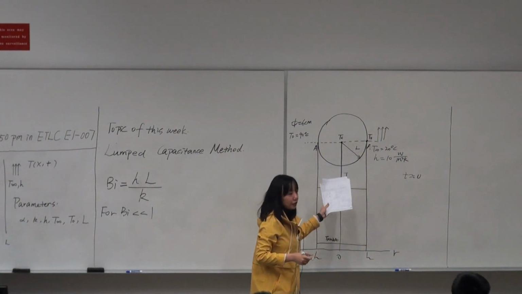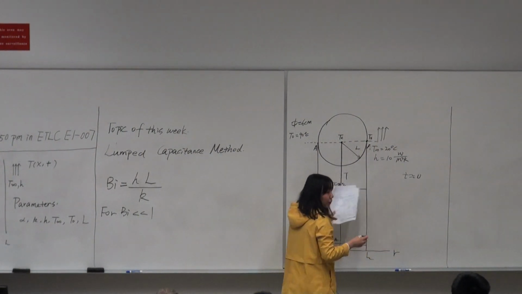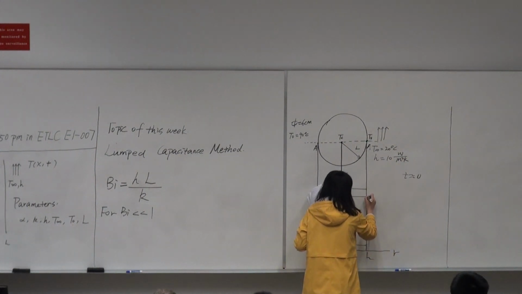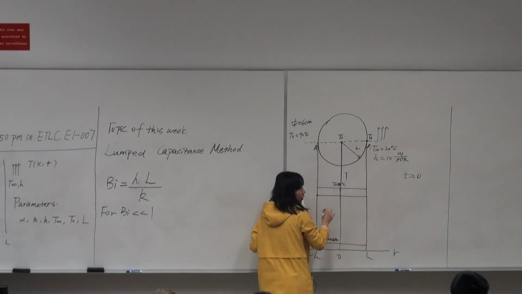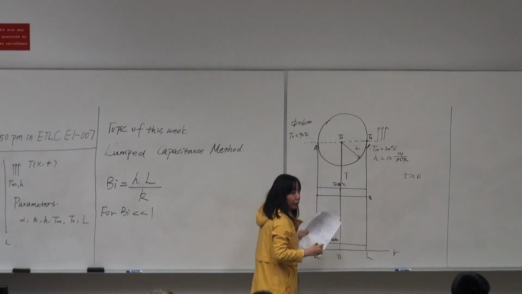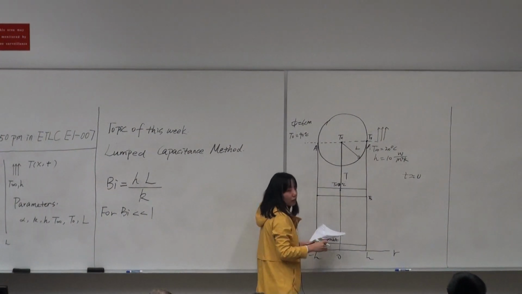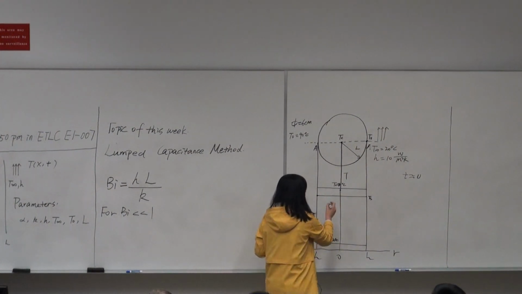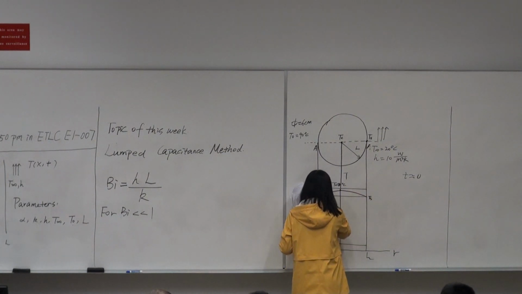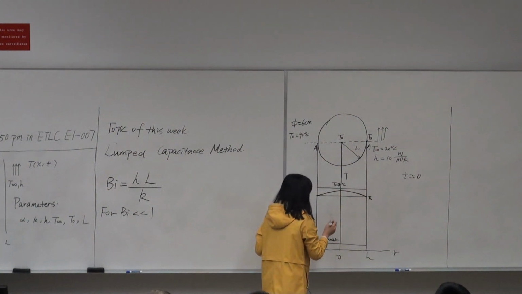Because the surface is directly exposed to the fluid, as we all agreed last class, the surface temperature should be a little bit lower than the center temperature. The slope at the center is 0 due to the spherical symmetry.